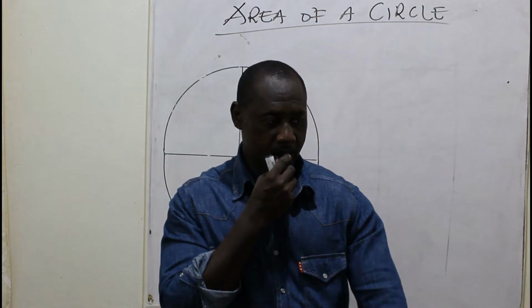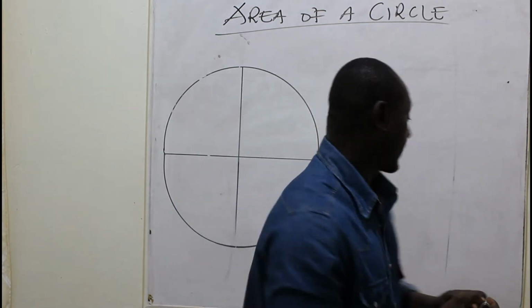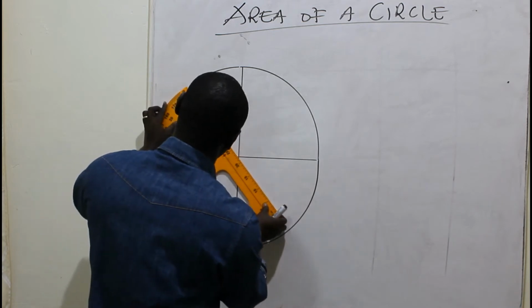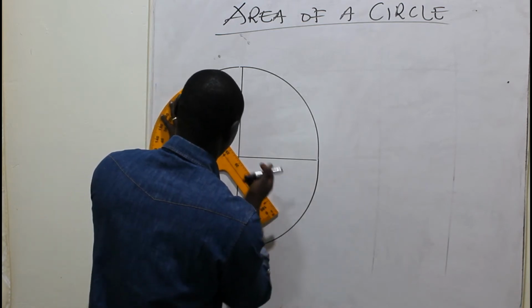Okay. Then, after that, let me try to do something like that here. I'll divide that one into 8, like what I'm having here.